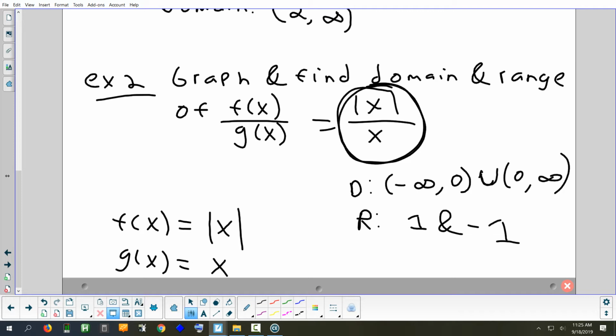Try -8. Absolute value of -8, 8, divided by -8, -1. So no matter what you plug in for x, you're always going to get 1 or -1 as the answer for y. Okay? So domain is what you plug in. Range is the answer you get for y.